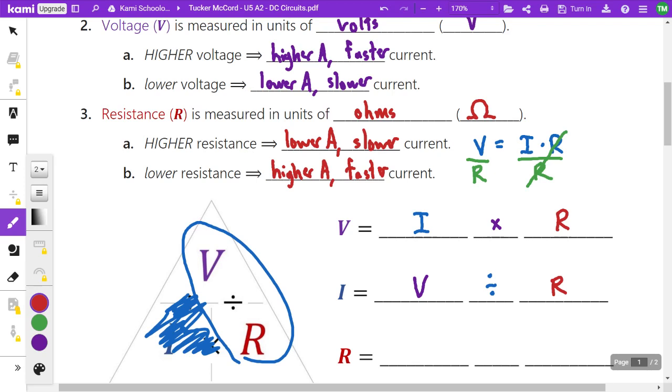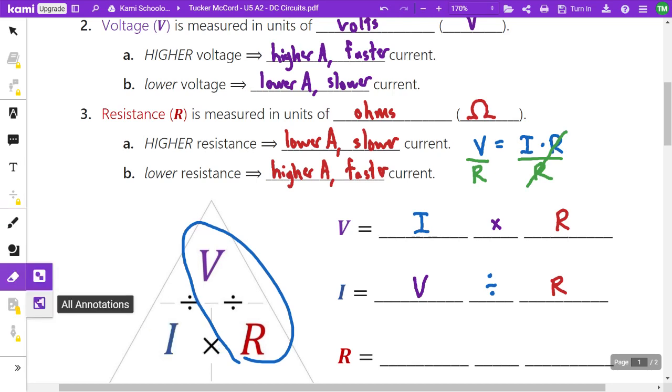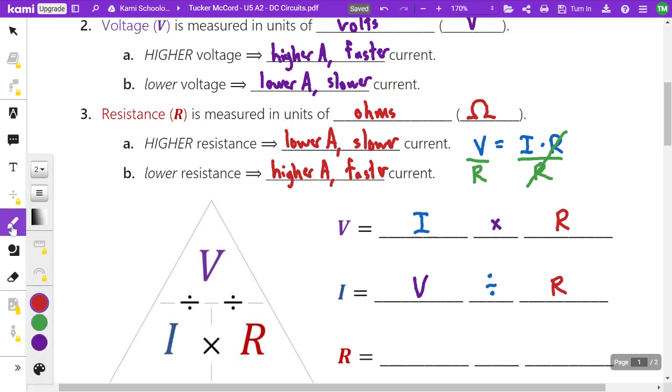What I would say is the most useful equation has got to be this last one, where resistance equals something. Because you can't often go and find a resistometer, something that is specifically made to measure resistance. You can find voltmeters, you can find ammeters, but resistance is kind of tricky. So we calculate it in a lot of cases.